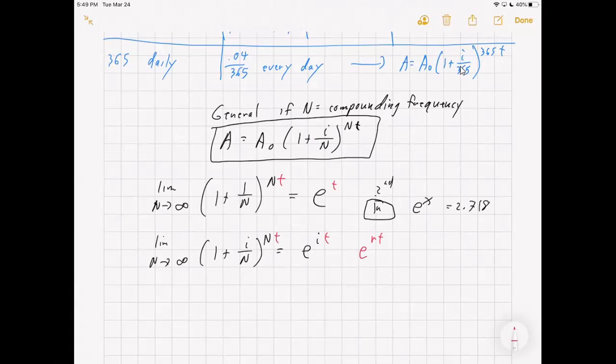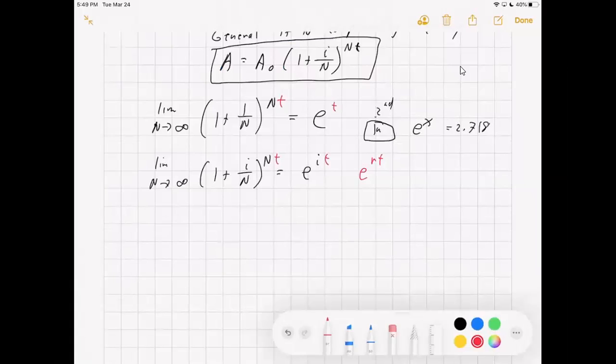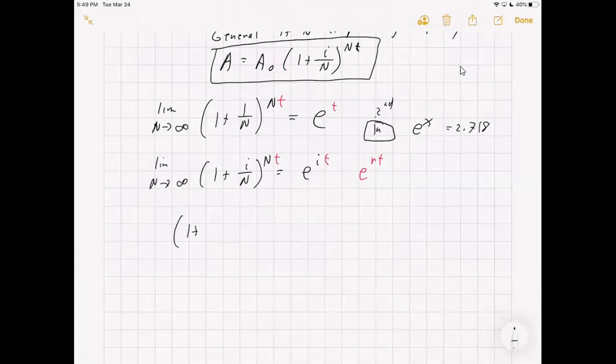Now, it can be shown relatively easily that if you compound more and more frequently, you do in fact approach the same answer that you would get if you did e to the it. So let's just look at it really carefully with the example we had. If I took 1 plus 0.04, let's do it twice per year, to the 2.